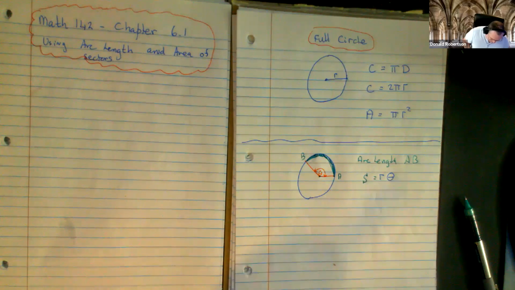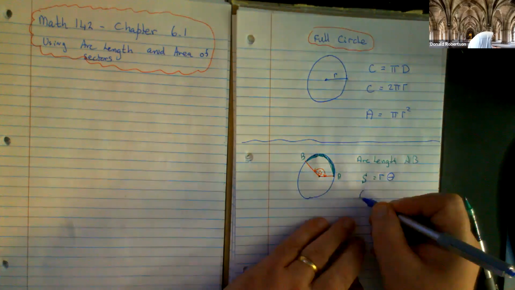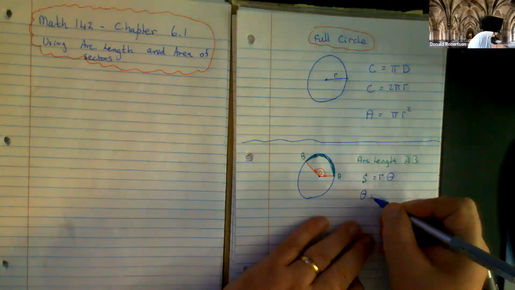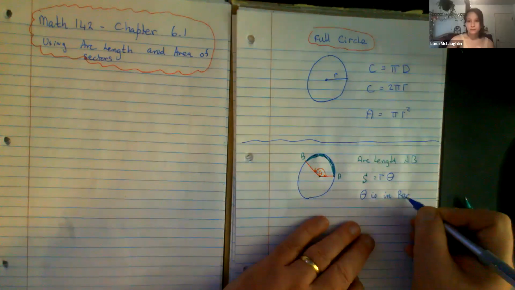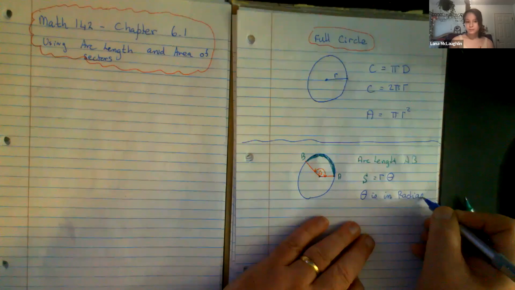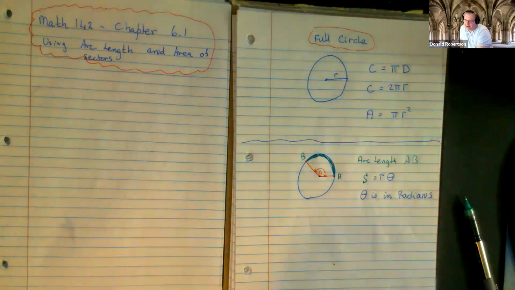Now, there is a little thing here that's very important. If you want to use this formula, you must make sure that theta is in radians, right? That's important. So here's an example.